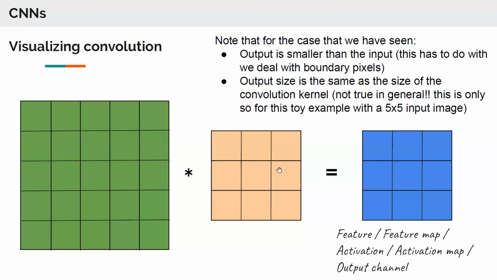And the kernel size is usually quite small, 3 by 3, 5 by 5, or something like this. And we end up getting an output whose size is of the same order as the input, but it's smaller by a few pixels. And we will look at the exact formula in a bit.